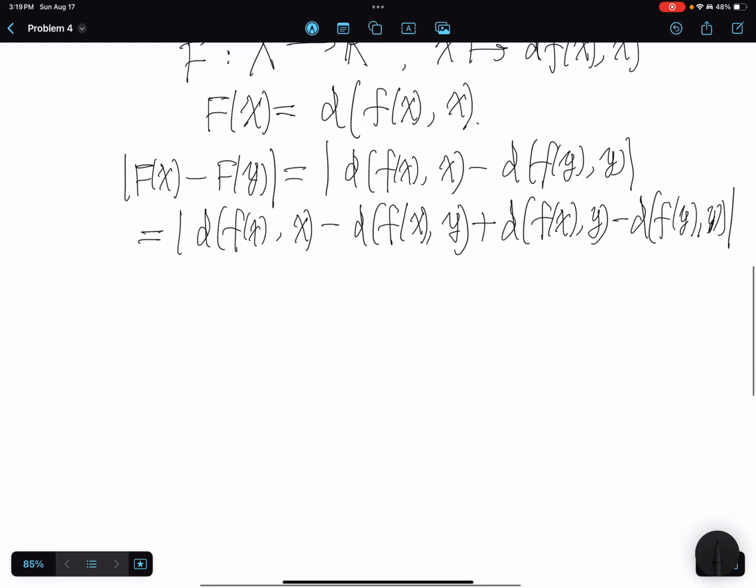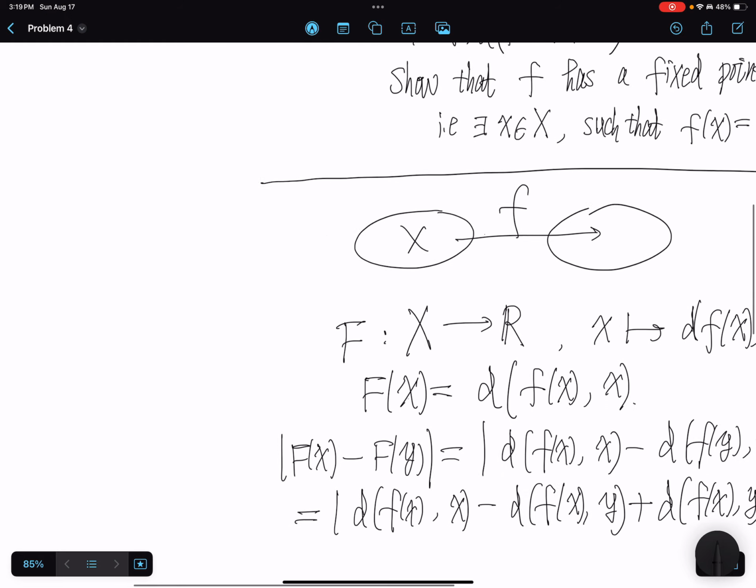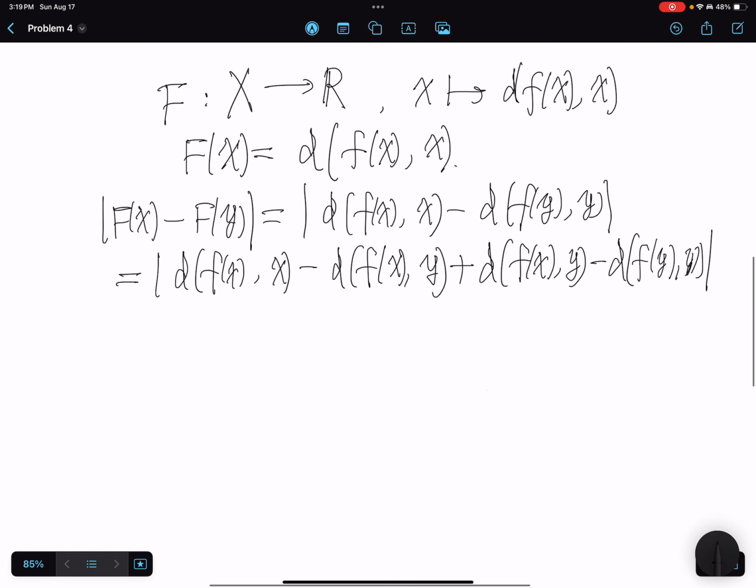So we have x, f of x here, and we have a y.